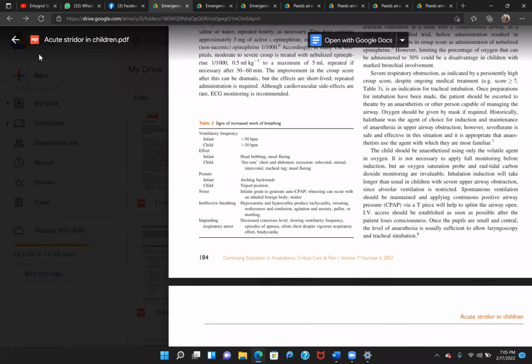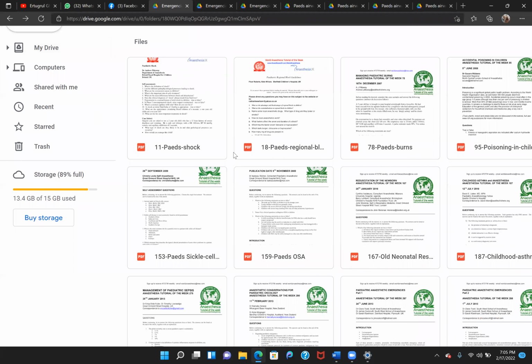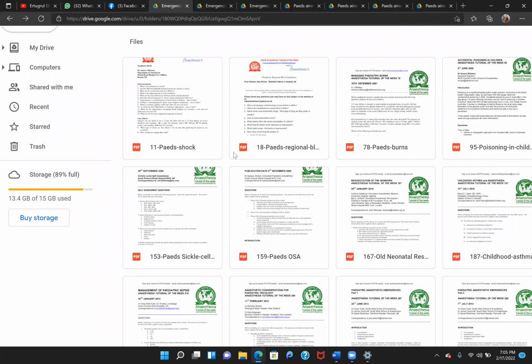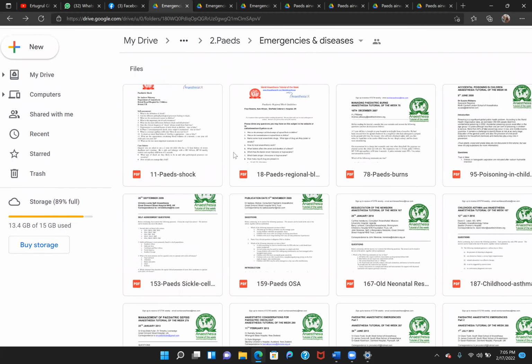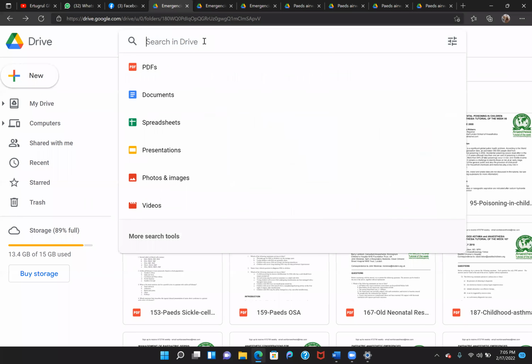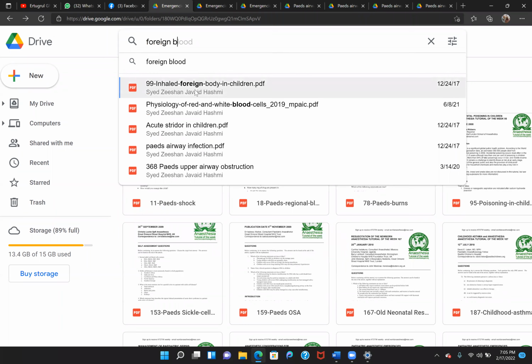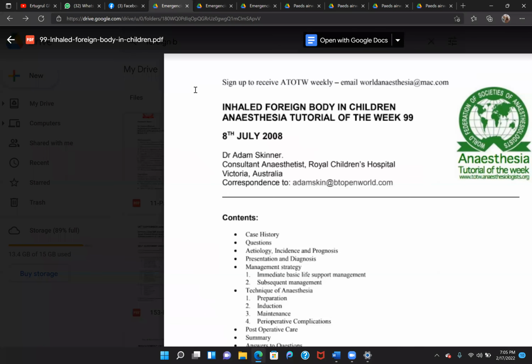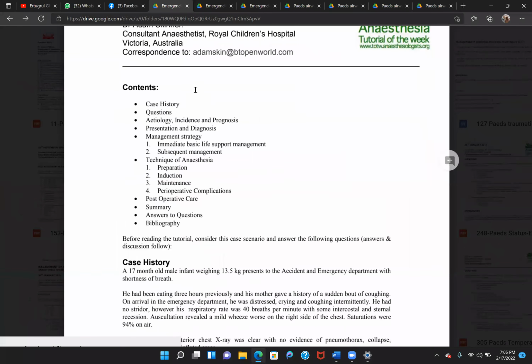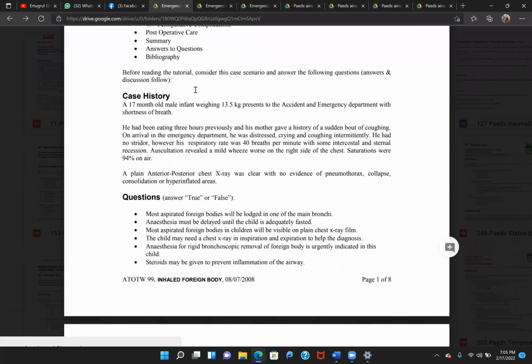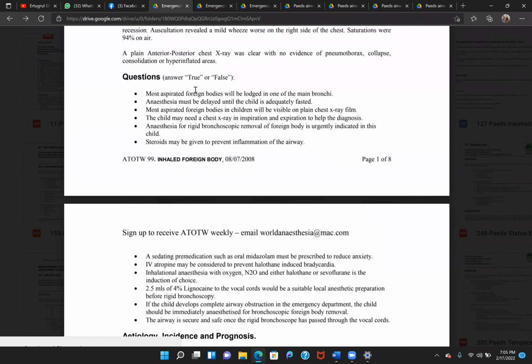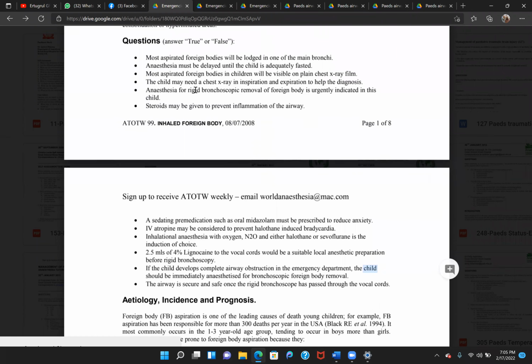Even when I called the consultant anesthetist, he couldn't intubate, and he had to shift the baby to the OT. Luckily, we were able to ventilate the patient. Later he told me that I shouldn't have given Sux and Dormicum.